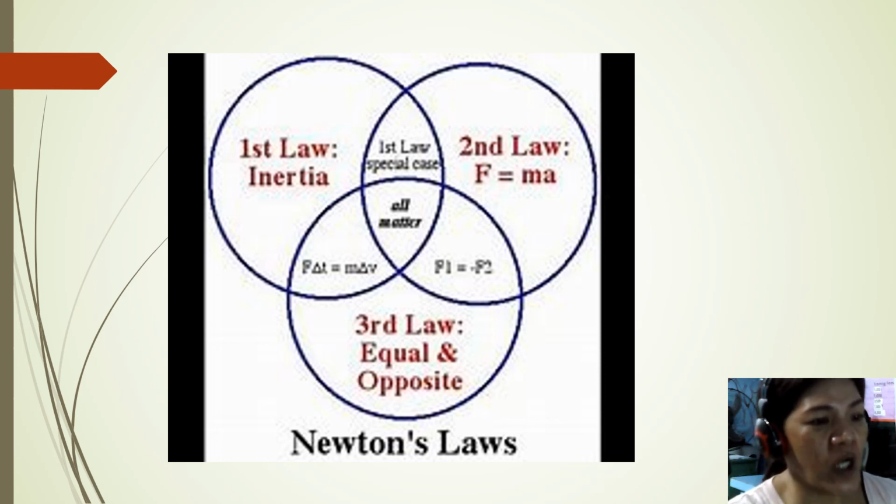So action-reaction forces: the forces are equal but in opposite directions. So class, I hope you can now simply describe and explain the difference among the three laws of motion.